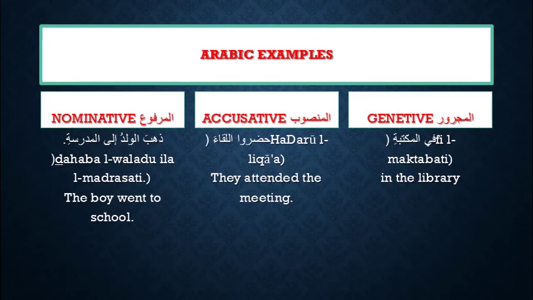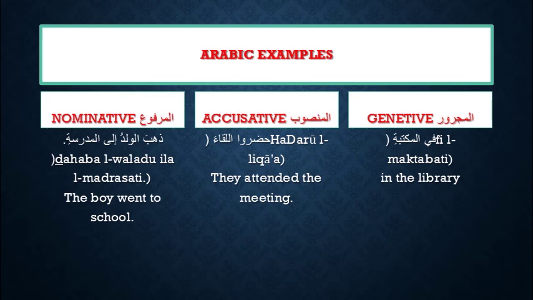So nominative or المرفوع, this is an example. Of course you know in Arabic that الفاعل مرفوع، المفعول طبعا منصوب، and you know المجرور بحرف جر for example, and المجرور in other cases. طيب let's have an example in each case.